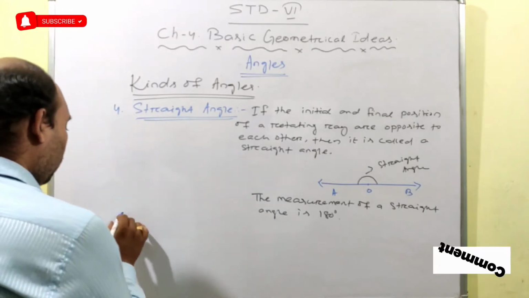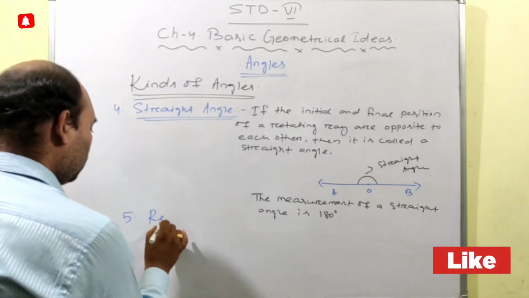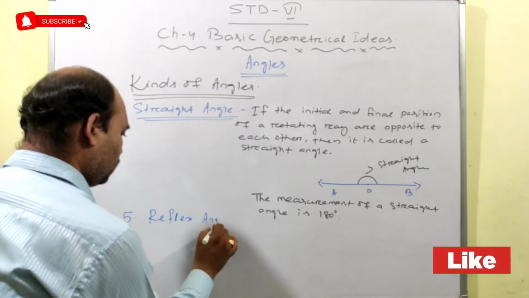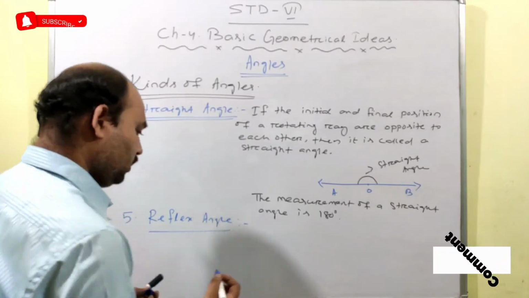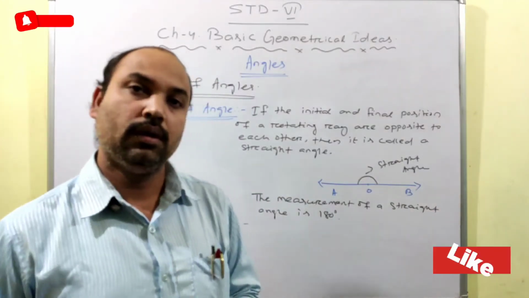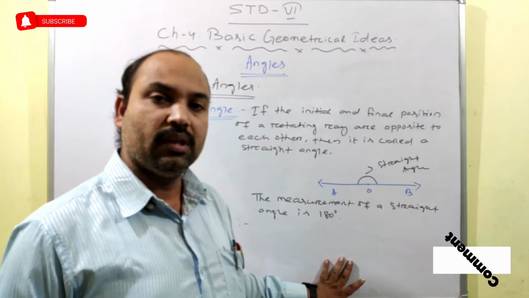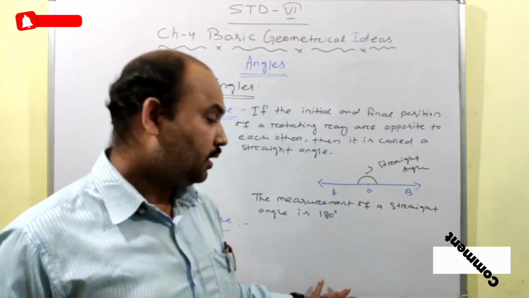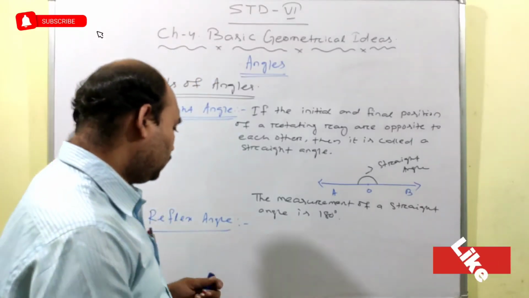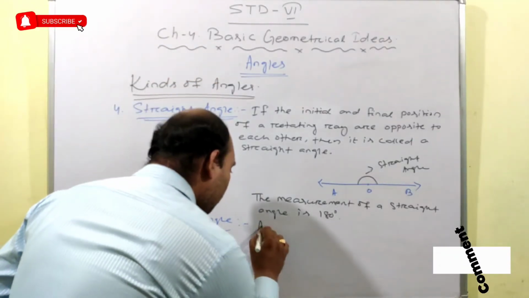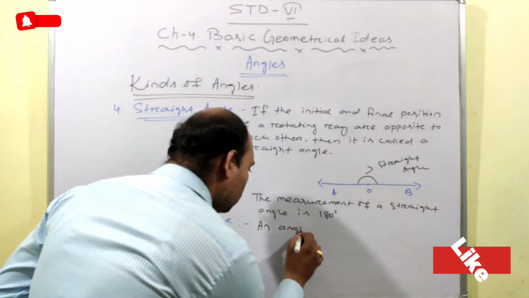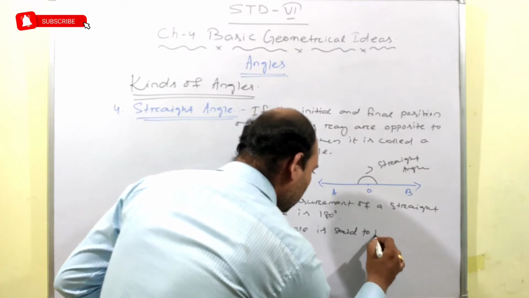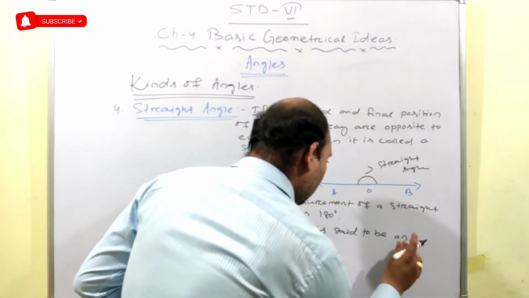Number 5, reflex angle. So what is called a reflex angle? If the measurement of an angle is more than 180 degrees and less than 360 degrees, it is known as your reflex angle.